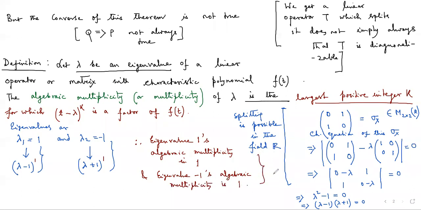This is what we call the algebraic multiplicity of the eigenvalue of the characteristic polynomial corresponding to the matrix representation of the linear operator. So here in this Pauli spin matrix sigma x, the splitting is possible, and I separately showed that this matrix is also diagonalizable. Therefore, if an operator is diagonalizable, its characteristic polynomial splits in the respective field.